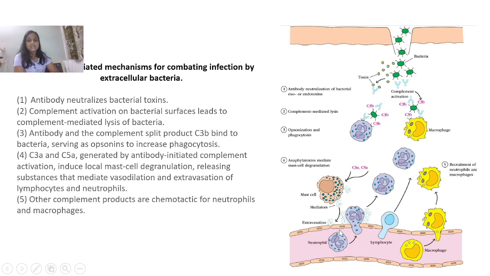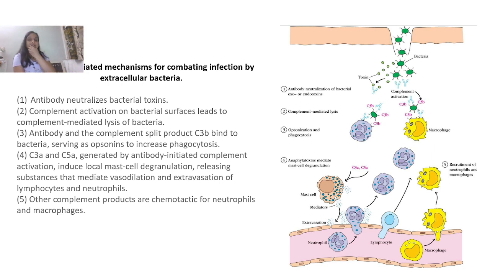So it is dilating the capillaries through which these cells can enter into the site of infection. Here you can see through the process of extravasation, the lymphocyte, macrophage or neutrophil can enter into this space where it is going and targeting the bacteria.